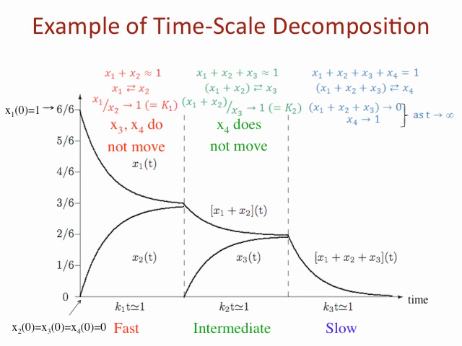And during this time scale, the pool of x1 plus x2 plus x3 goes to 0 and is completely converted to x4, which heads to unity, which was the initial concentration of x1. And at that point, the reaction is complete.